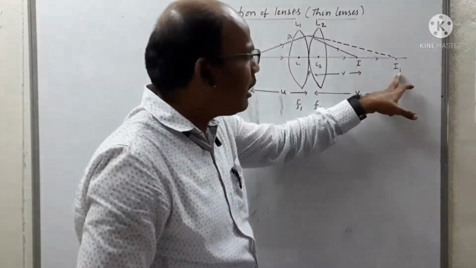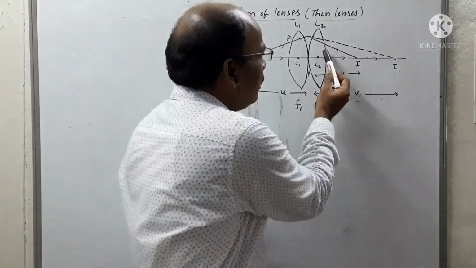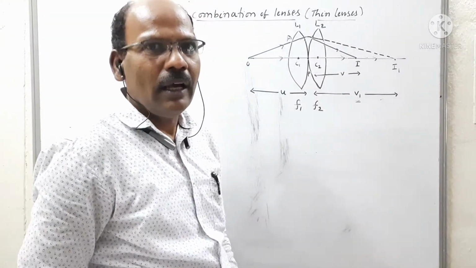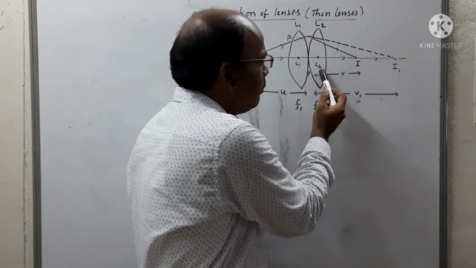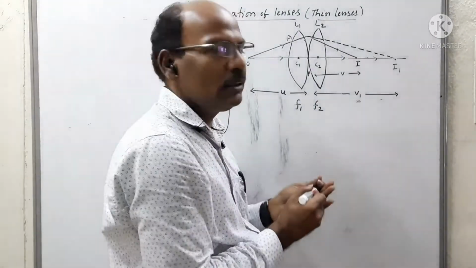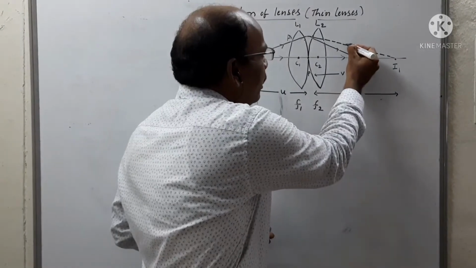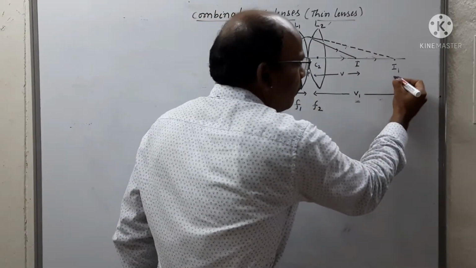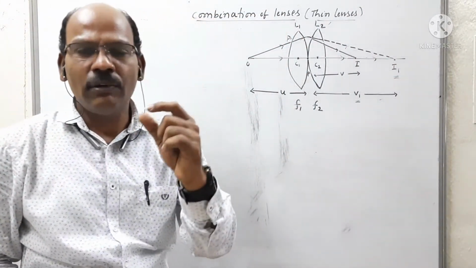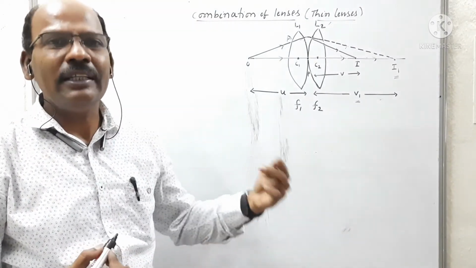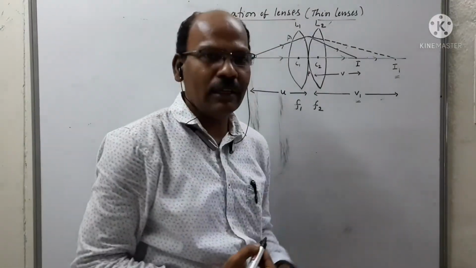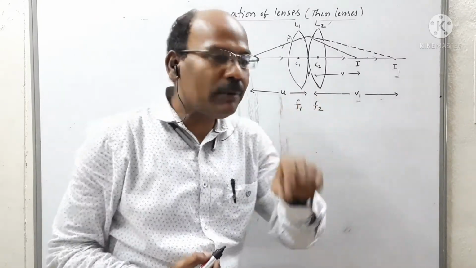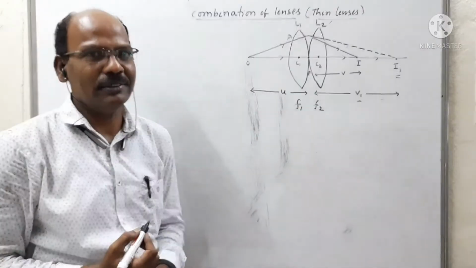This image I1 again acts as the virtual object for the lens L2, and after refraction it forms the final image at a point I. So I is the final image formed by the second lens, for which I1 acts as the virtual object.